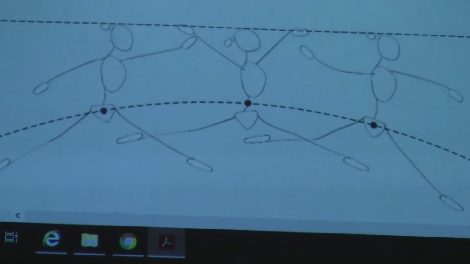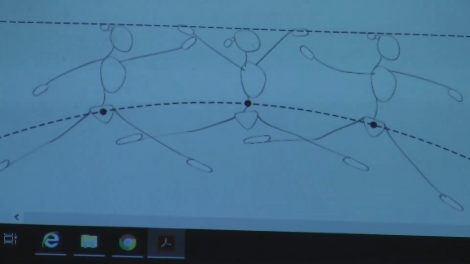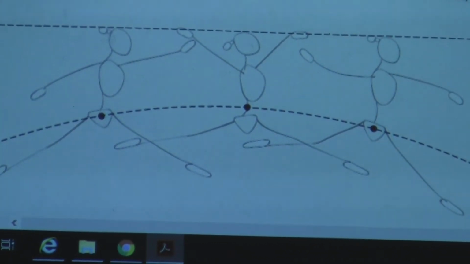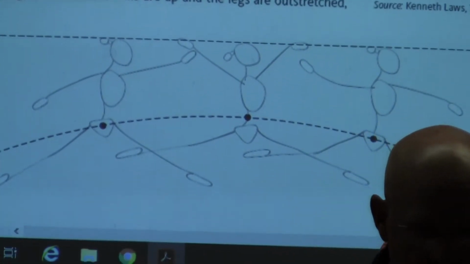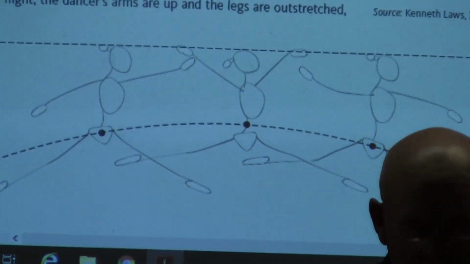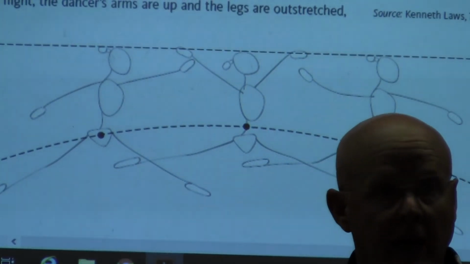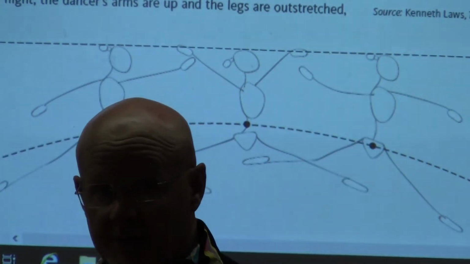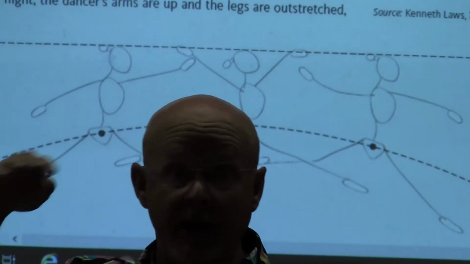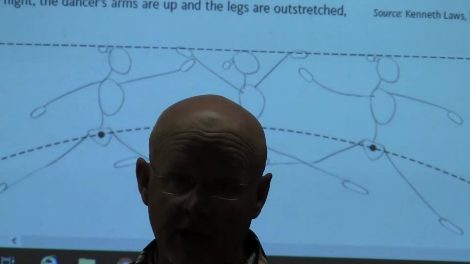And so the center of mass does follow a projectile. In fact, this goes one step further, and it's showing how the artist can make it appear that they are just going up and straight and down, because as they adjust their arms, they adjust their center of mass, and they keep their head at about the same location.